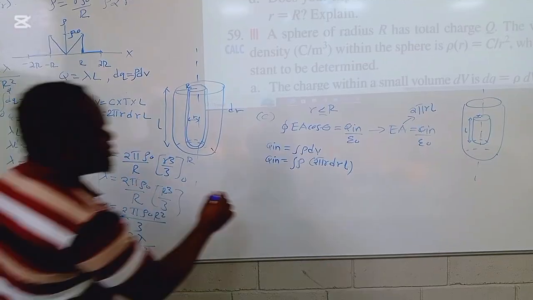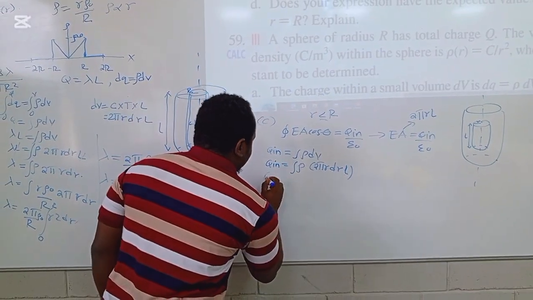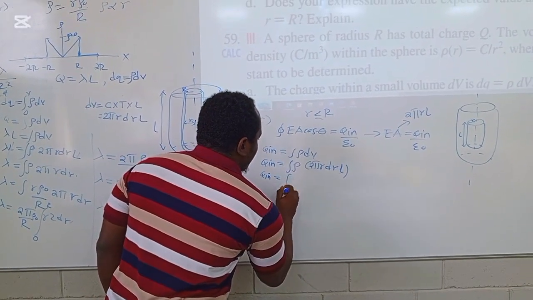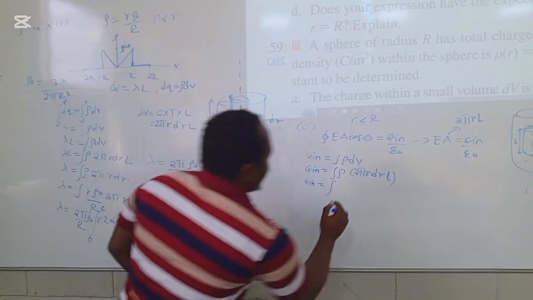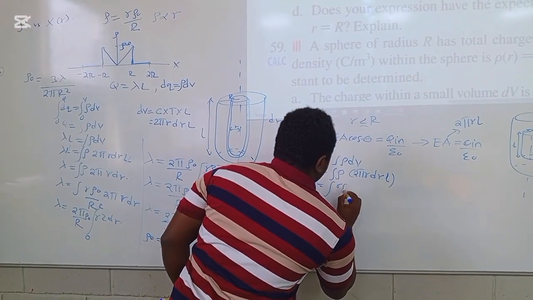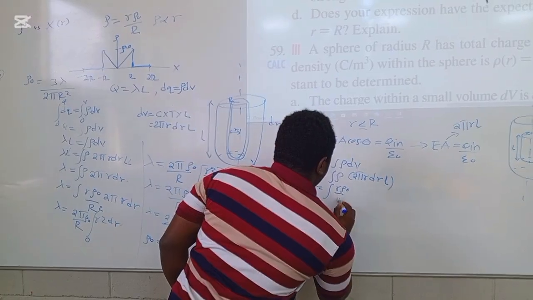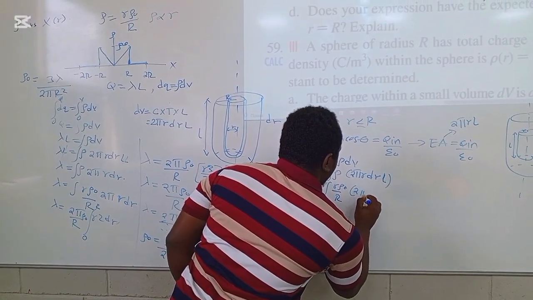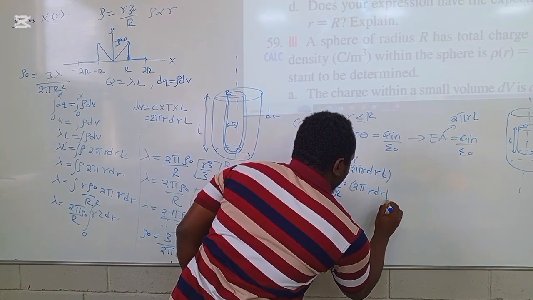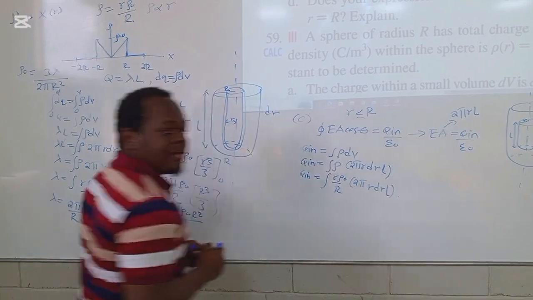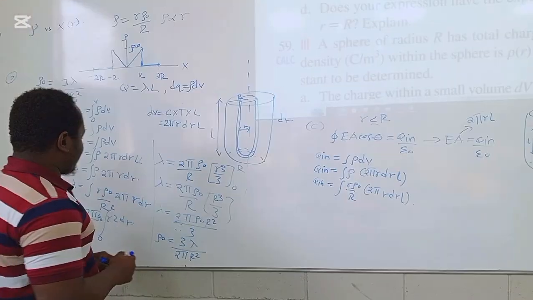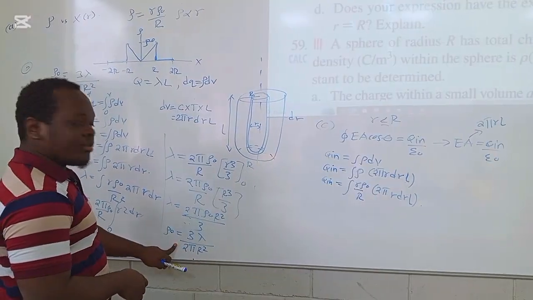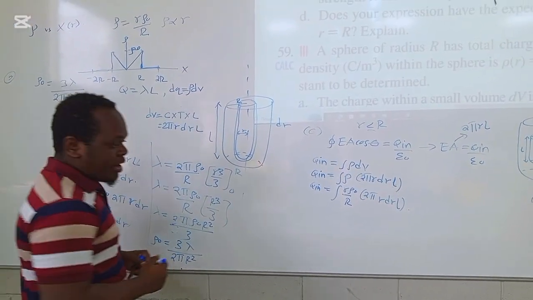So Q in is equal to rho, which is rho naught r over R capital, times 2 pi r dr small l. But now we know the value of rho naught, which is 3 lambda over 2 pi R capital square.